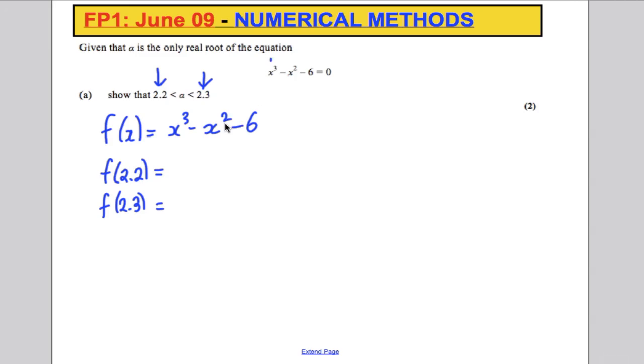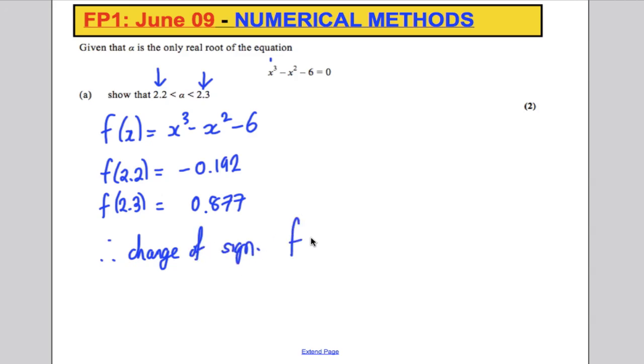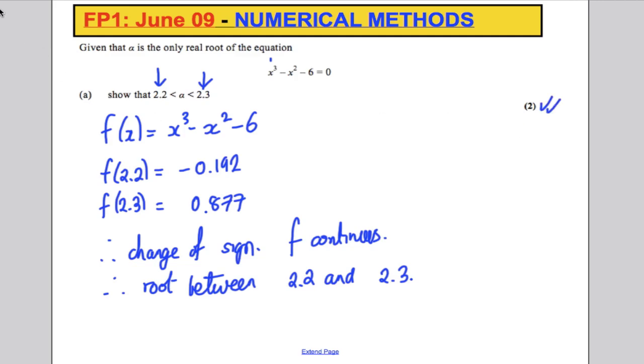Hopefully with a bit of luck you get yourself negative 0.192, and then calculate at 2.3 and you get yourself 0.877, and then you state: therefore change of sign, f continuous, and then you say therefore root between 2.2 and 2.3. Done. Easiest 2 marks on the paper.